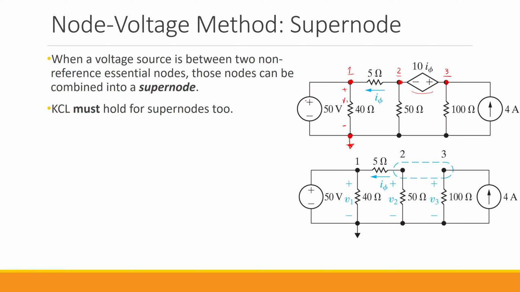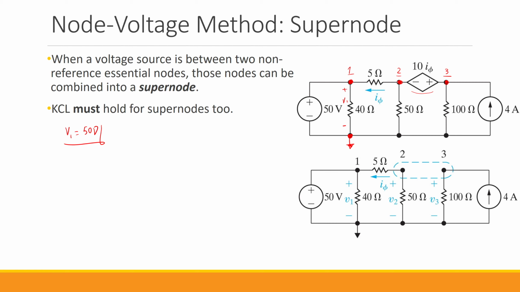Why? Because we have this voltage source connected between node 1 and the reference. So V1 is already known to be 50 volts. That means one less equation that we need to solve.